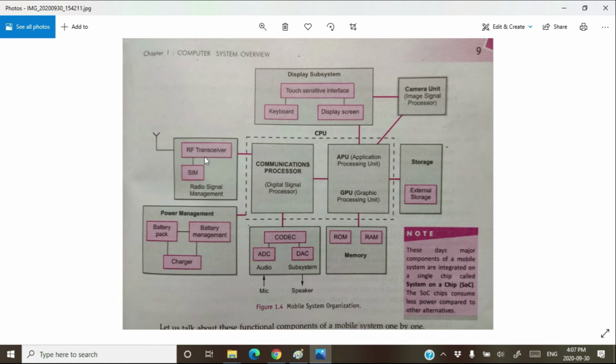Okay, transmitter plus receiver is the transceiver. So the communication processor is connected to the RF transceiver, and the RF transceiver is connected to the SIM. So first the communication processor validates your identity by using the SIM, and then the communication processor uses the RF transceiver to send your signal to the tower.